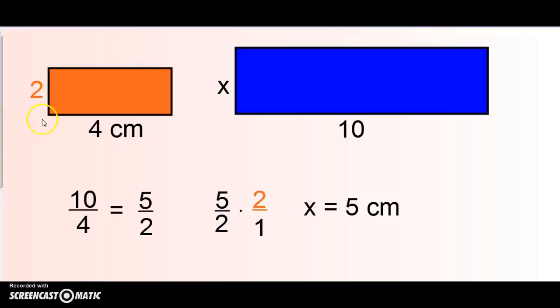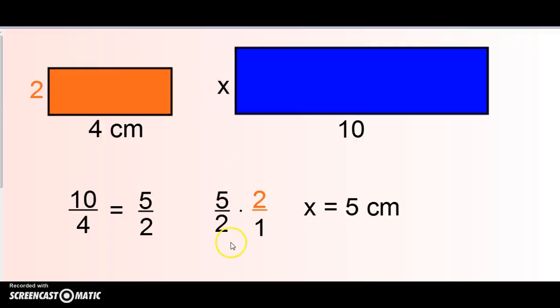All right, here's another example. We're trying to find the x here, so the side that we do know has to be in the numerator. 10 is to 4, and then I would reduce that to 5 over 2. You would keep that scale factor, 5 is to 2, and then multiply it times the side that corresponds with the side we're trying to find.